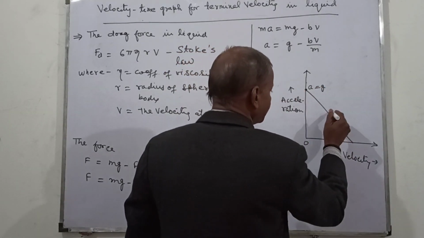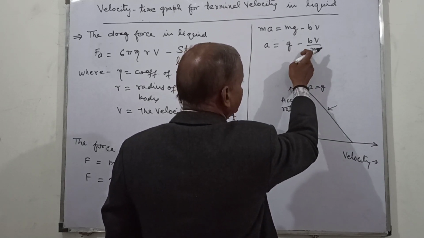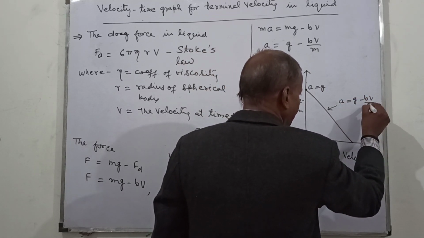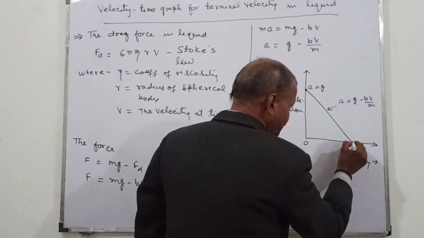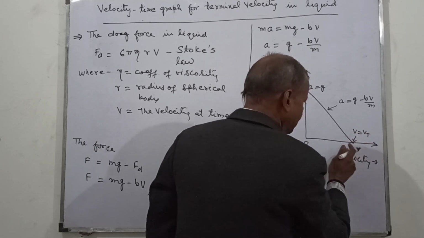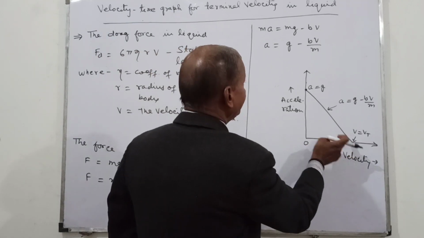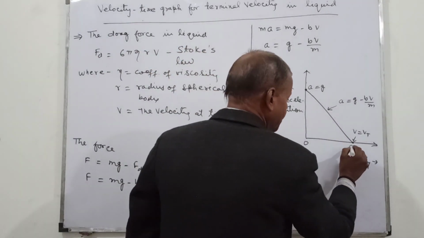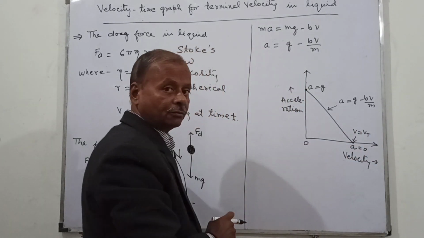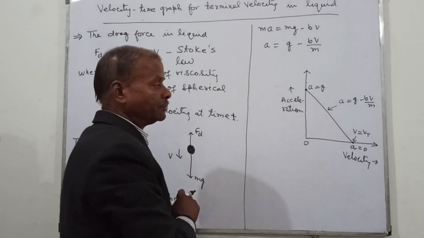In this portion we have a equal to g minus bv upon m. And at this point we have v equal to v_t, the terminal velocity. So at this point the acceleration is 0. A equal to 0, and this v is equal to v_t.